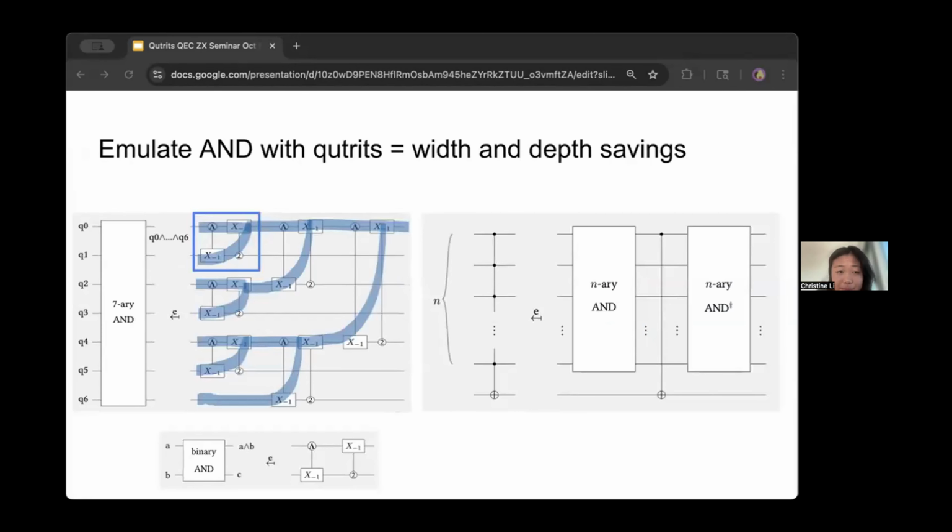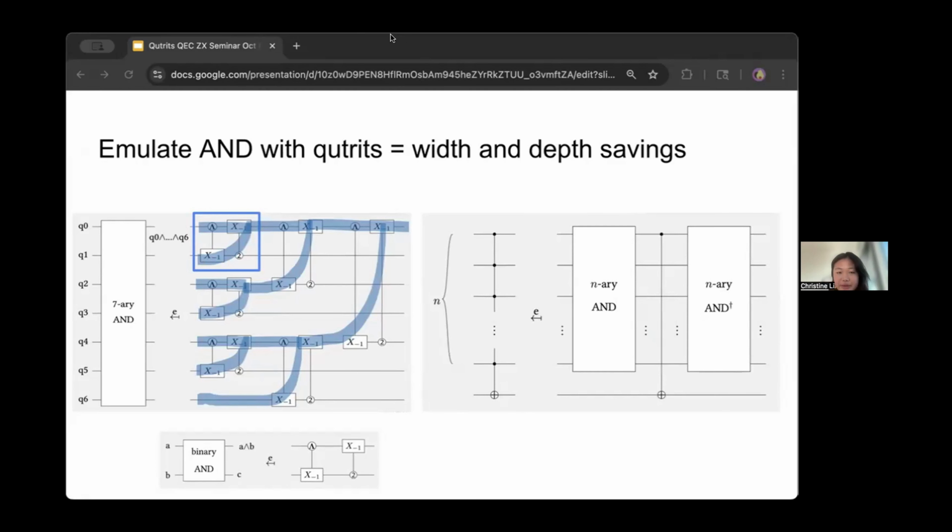And as further motivation for why we care about the AND gate in particular, you can see that any classical binary gate can be emulated fault tolerantly using qutrit Clifford+T gates without ancillas. On the left here, it has this binary tree structure, recursively using the circuit from the last slide.